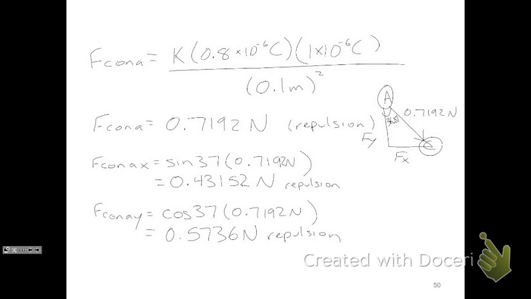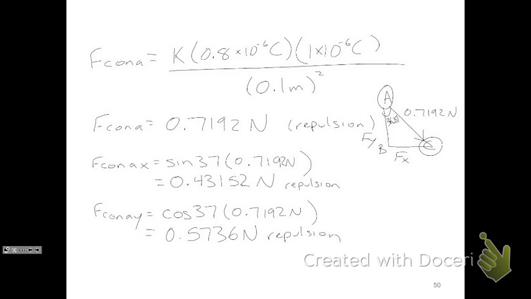Perfect. Okay, so we need to combine our horizontal and vertical components, right? So we need to find another vector. Yeah, remember B. So B would be vertical, right? So let's do that right now. Okay.